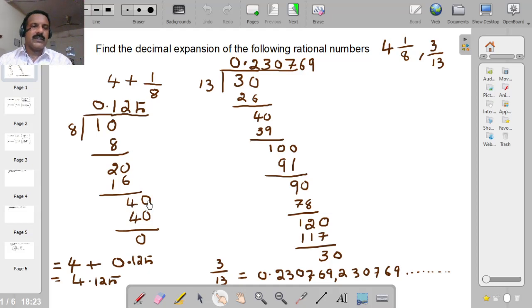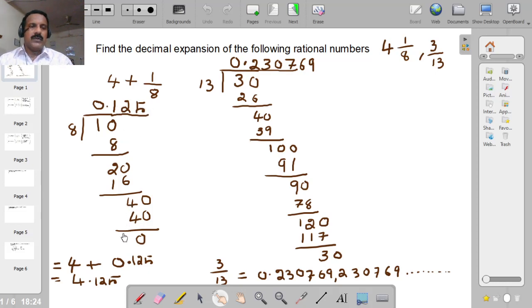So we will be writing a 0 here, making it 40. And we can take 5 8s from 40, and we will be writing 5 in the result column, and the remainder becomes 0. So 1/8 is equal to 0.125.